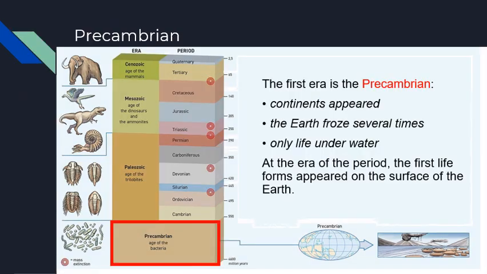And we're going to start, as I just said, with the Precambrian, and this is a very important part of our history because here life starts. So during this period, which was very long, 4.6 billion years ago until 550 million years ago, so that's an enormous time span, we only had bacteria, nothing else.